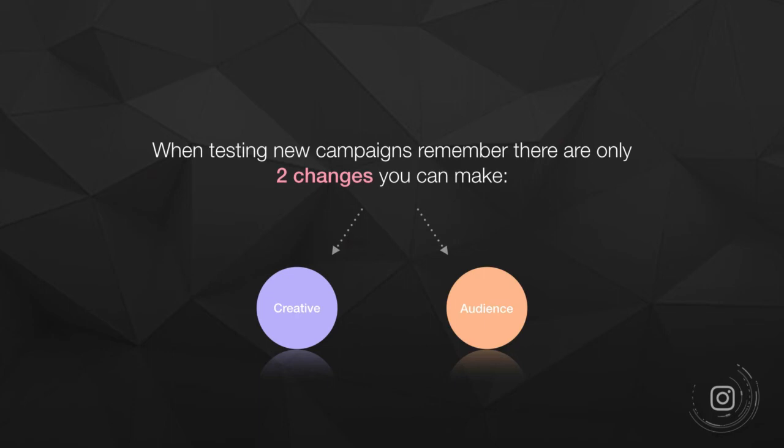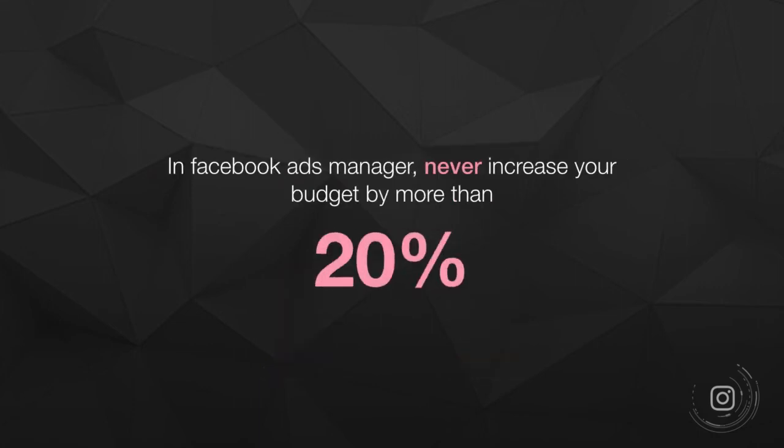So you can keep that creative on and test a new audience, or you can keep the audience and test a new creative to them. And basically you just keep tweaking your creatives and your audience until you hit the perfect combination that, like we were saying before, you want to scale. So you duplicate them and increase the budget.